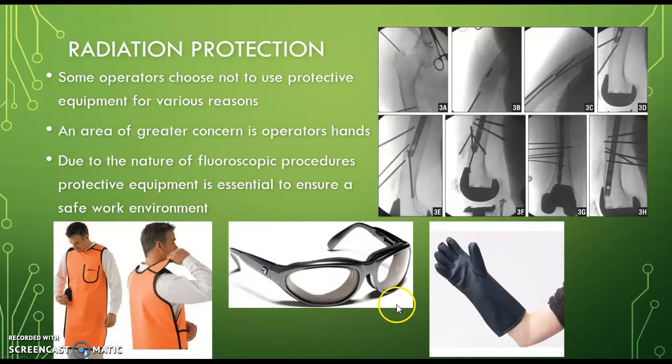And further over, you have the lead gloves, which are used anytime you're going to be in the direct beam or near the source of radiation. Radiation doses to hands, like I said before, are of utmost concern. So really going out of your way to make sure you have those on when you're near the source of radiation is very important.